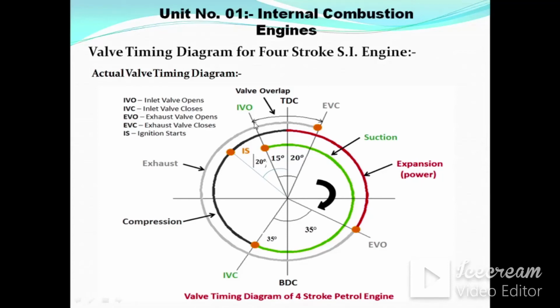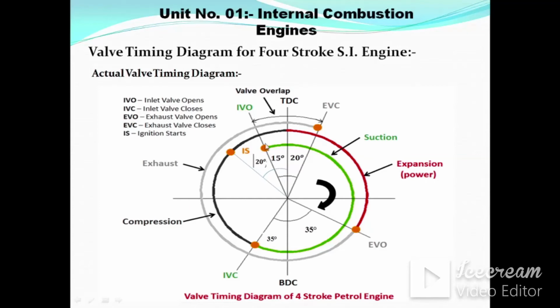As per this diagram, both the inlet valve and exhaust valve will be open for some time at the same time. This angle or this process is called valve overlapping. Okay, this process is called valve overlapping.